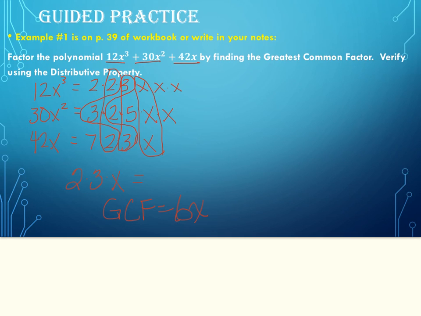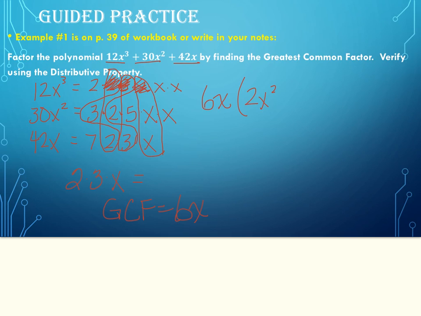So what does that mean? That means that you're going to take a 6x out of each term, divide it out, and then tell me what's left in the parentheses. So if I take a 6x out of the 12x cubed, I've taken out this 2, I've taken out that 3, and I've taken out that x. What's left? 2x squared.